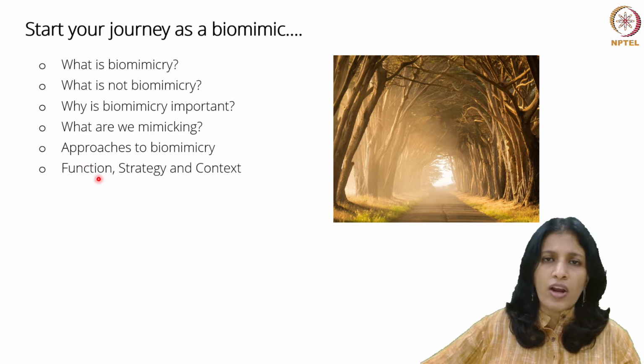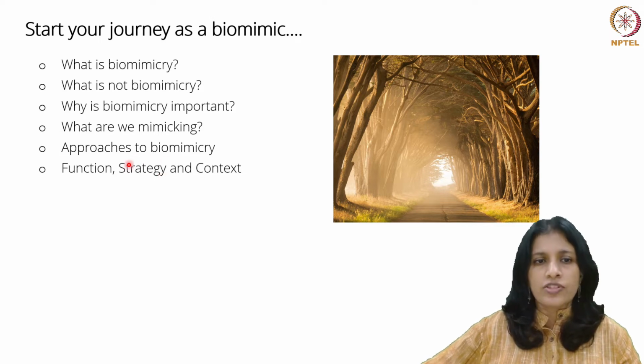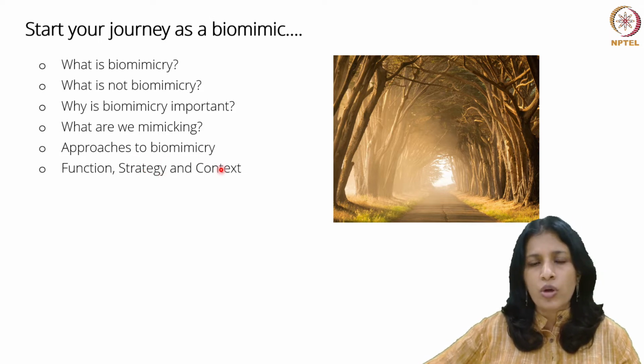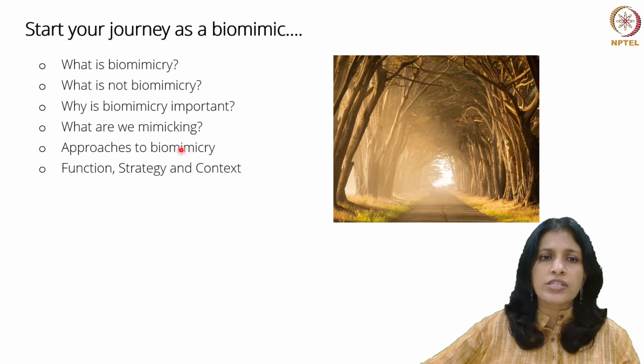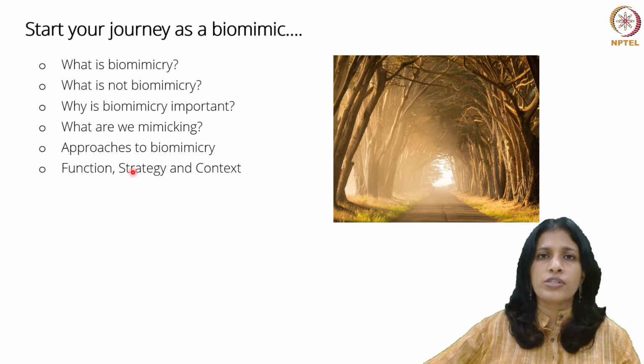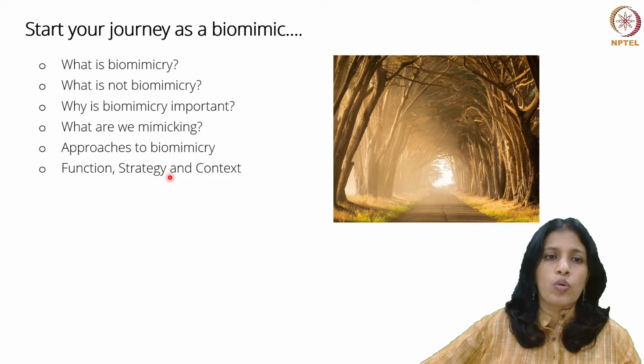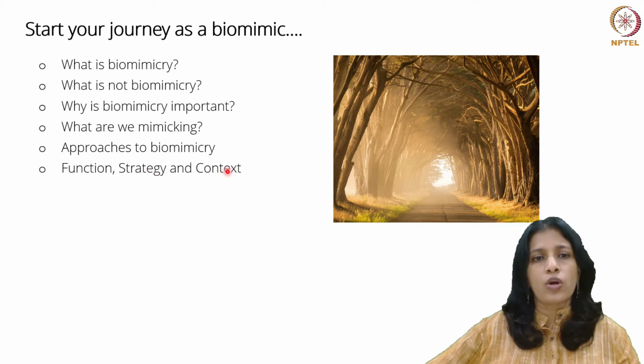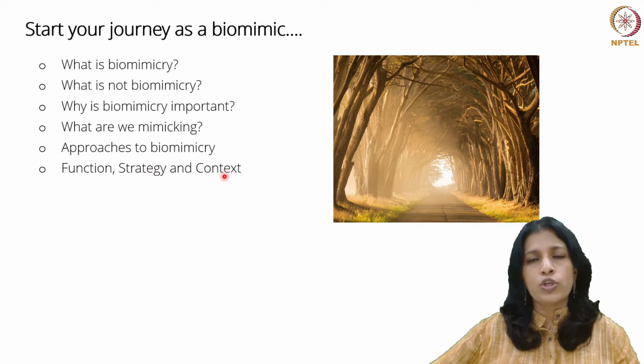Function is what it does, strategy is how it does it. And strategy becomes important along with the context, because how it does it and where it does it, along with the other factors that influence how it does it, become important to understand what you can imitate and how you can imitate it. So, function, strategy, and context are a key learning in order to be a biomimic.